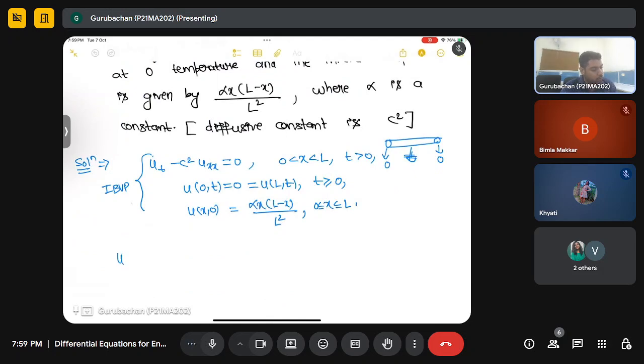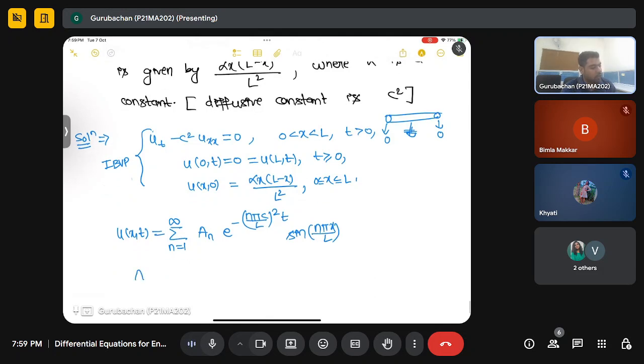So again we may write its solution in the form of question number 2. What was that? u(x,t) is nothing but a series n equals 1 to infinity of an e to the power minus (n pi c by L) whole square t, sine n pi x by L. And from here an can be written as 2 by L integral 0 to L of f(x) sine n pi x by L dx.